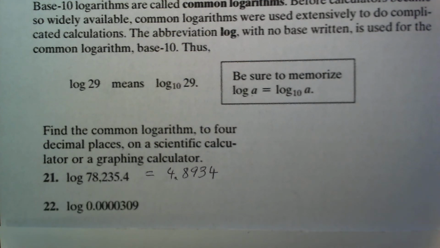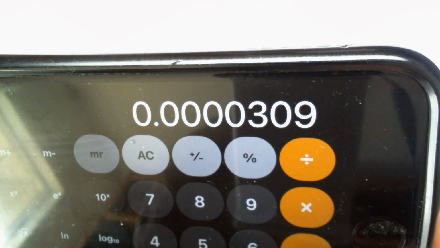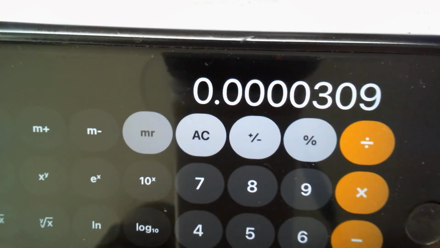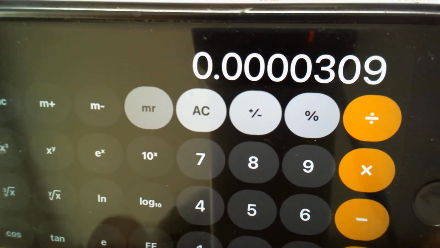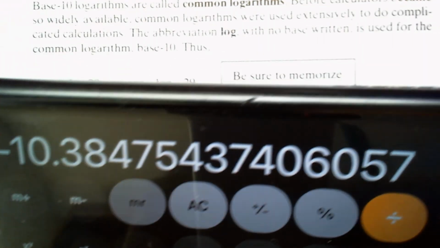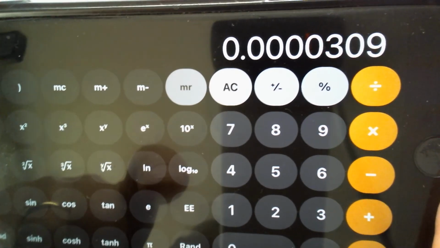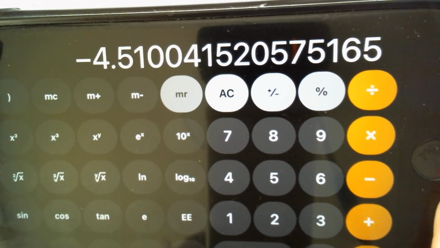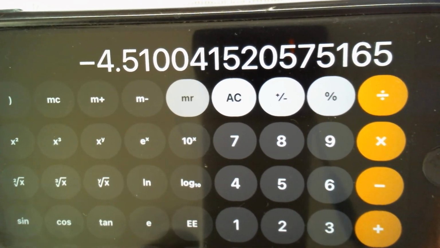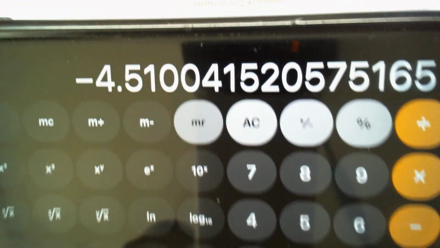For the next exercise, I put in the number 0.000309, and again I press the log 10 key, and here's the answer. Minus 4.5100 is the answer for the next exercise.